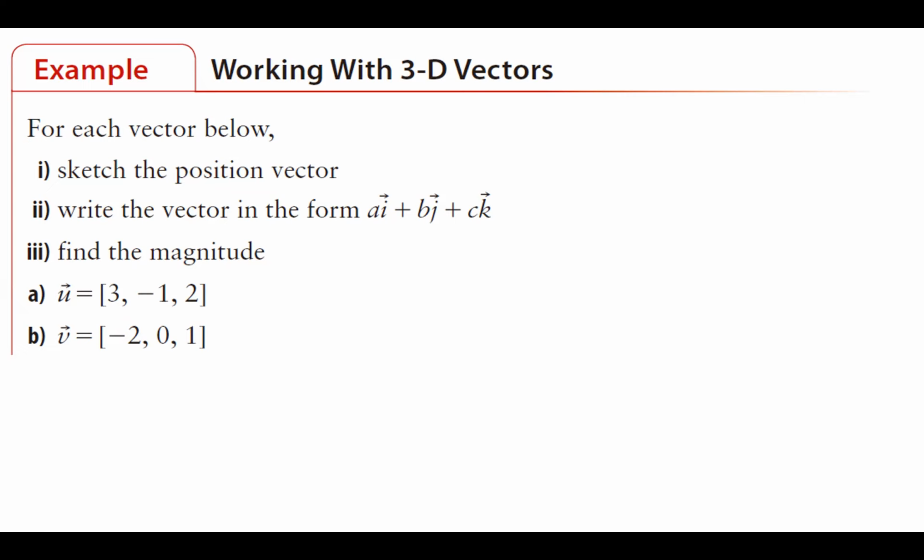Then find the magnitude. Okay, question A, u is given by (3, -1, 2). Question B, another vector v is given by (-2, 0, 1). Okay, I'll give you 5 minutes to have a look at this question by yourself first.